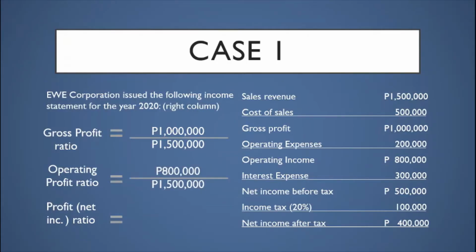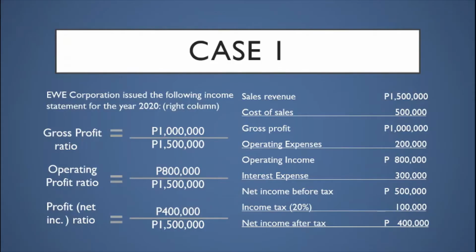Operating profit is equal to the operating income of 800,000 pesos divided by 1.5 million pesos, the sales revenue. Profit or net income ratio is 400,000 pesos, the net income after tax, over 1.5 million pesos, the sales revenue.